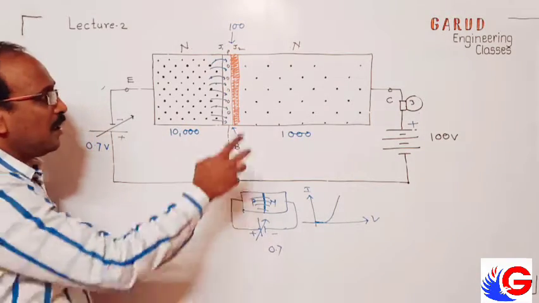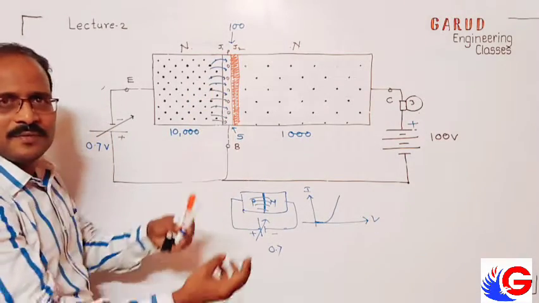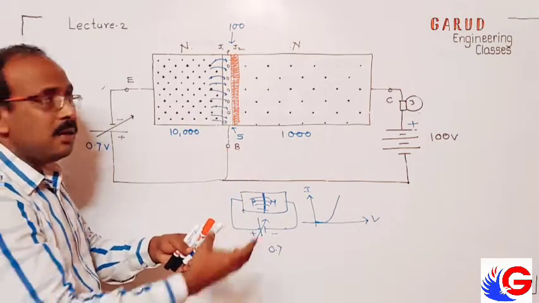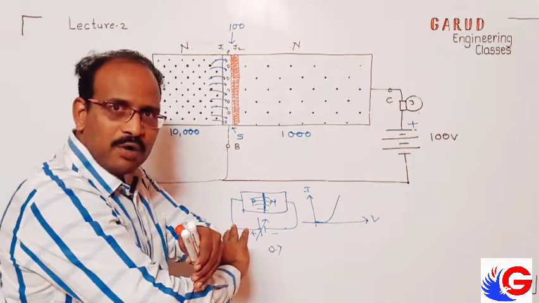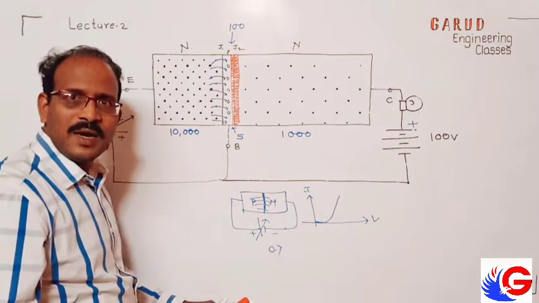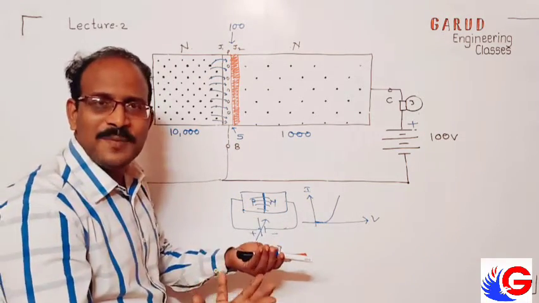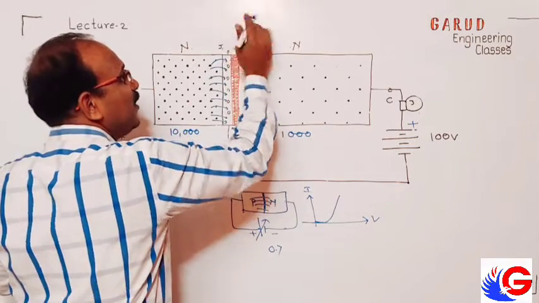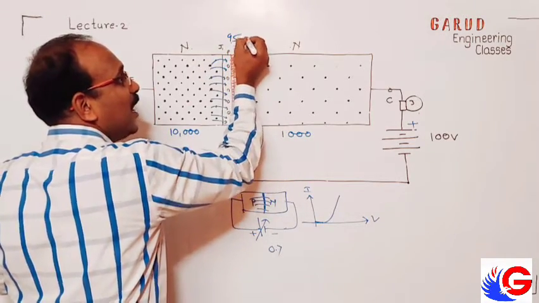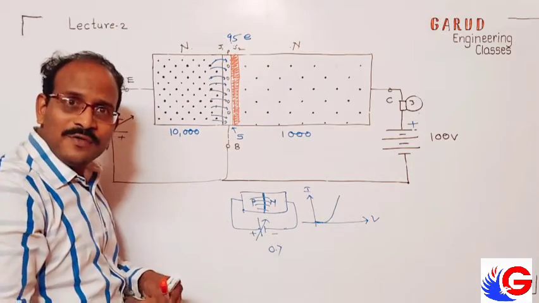Correct? What about the electrons and holes? They will combine. There are a total of 100. 5 got vanished. Okay? How much is remaining? 95 carriers will be remaining. Here there will be 95 carriers. And what is that? 95 electrons.